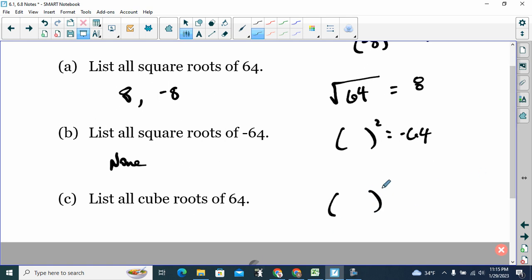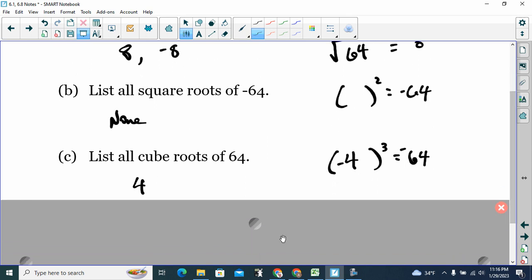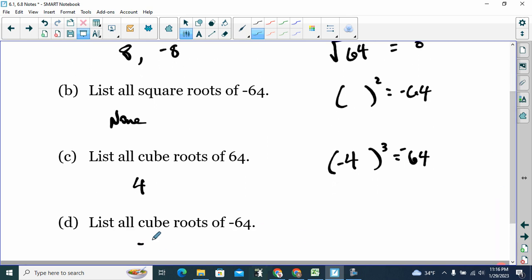What cubed gives me 64? 4 times 4 is 16, times 4 again is 64. What about negative 4? Negative 4 times negative 4 is 16, times negative 4 gives me negative 64. So 4 is the only cube root of 64. Negative 4 is the cube root of negative 64.